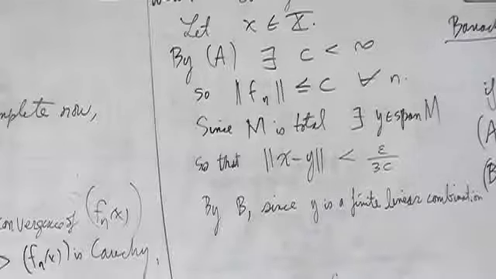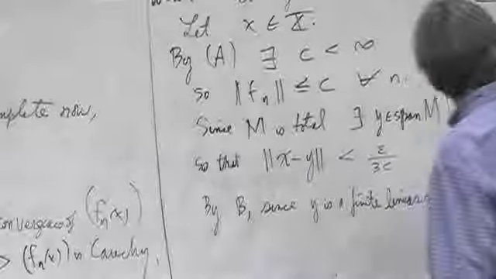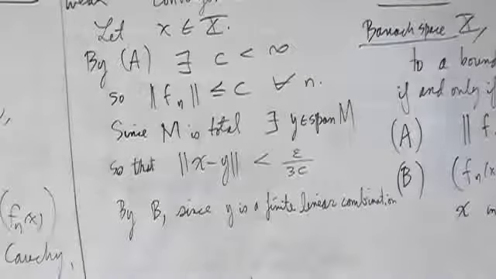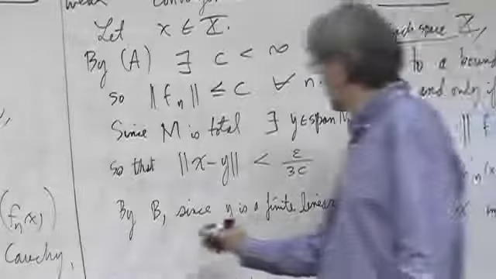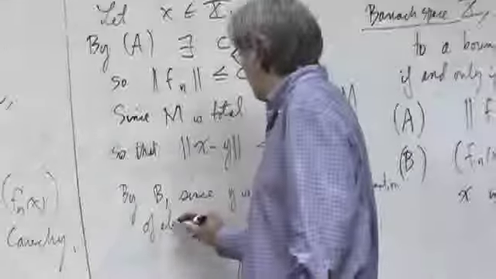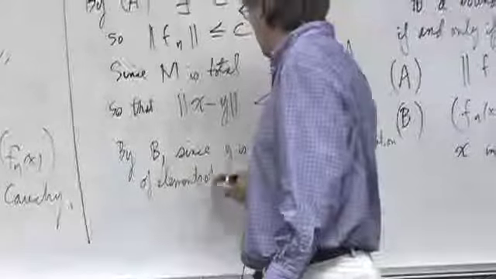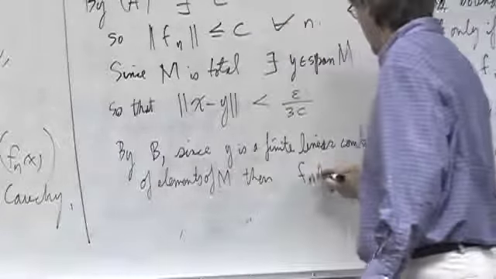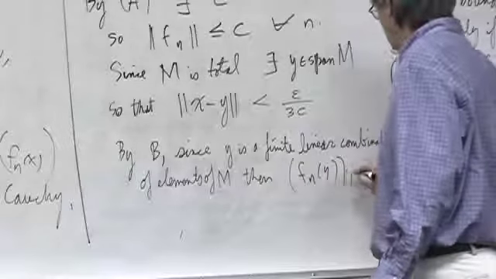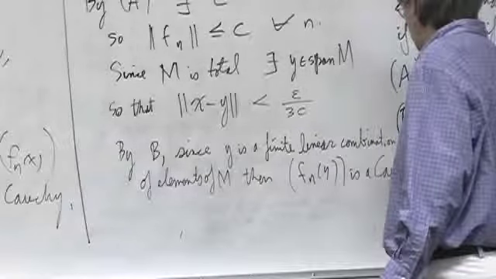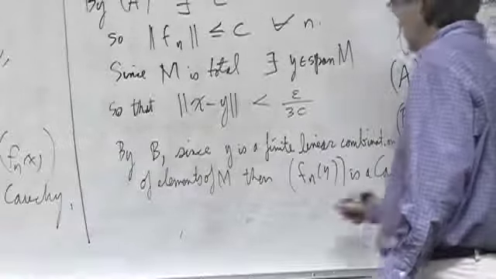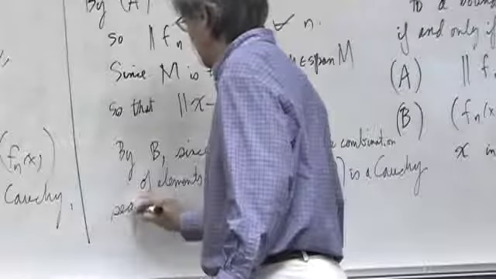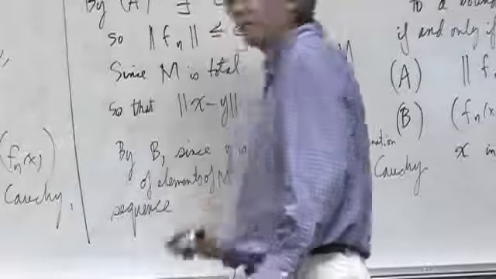So I have to worry about finite linear combinations and so on. But a finite linear combination of Cauchy sequences is again Cauchy. So Fn of Y is a Cauchy sequence.